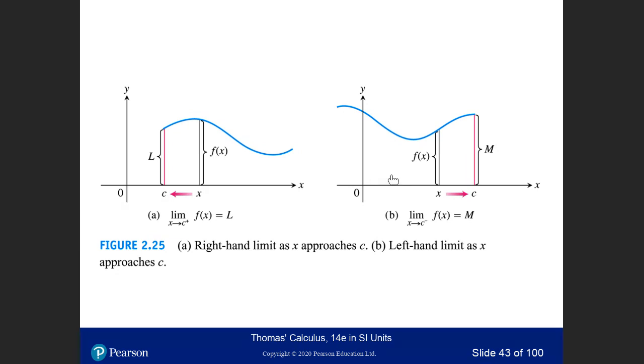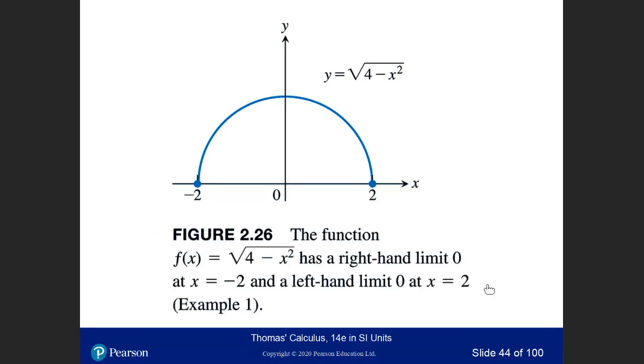Here on this picture, c is here. That's your function. Now it approaches c from the left-hand side, and it has a limit M. Here it has a limit L. That's a pictorial representation of right and left-hand limits.